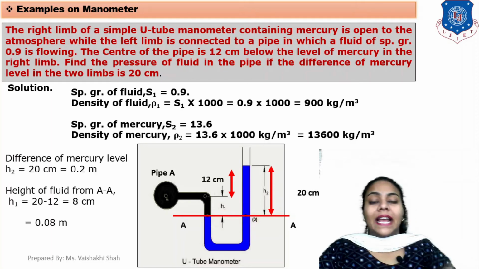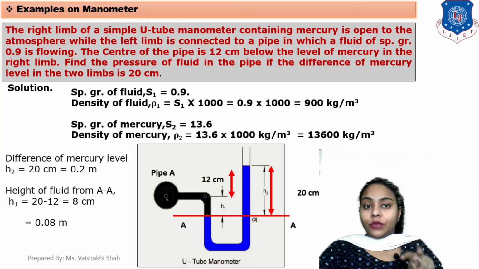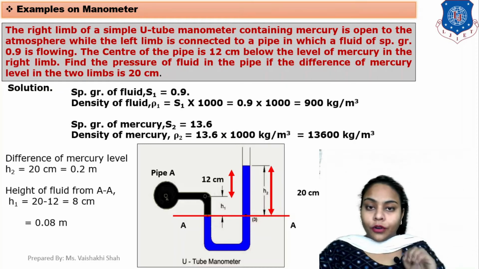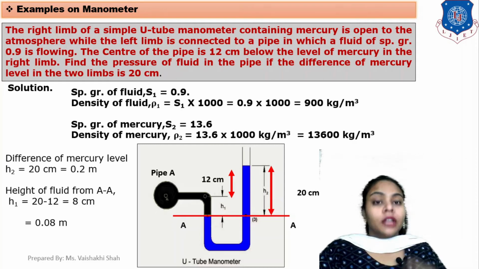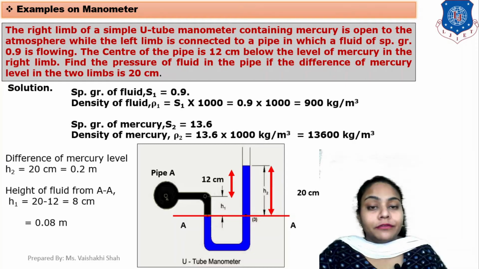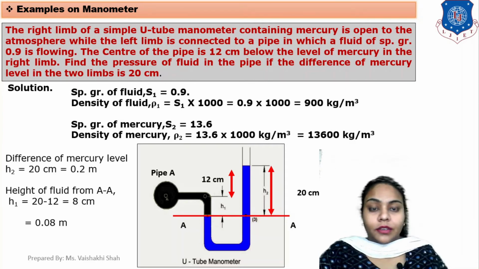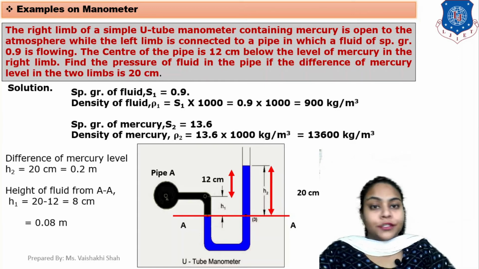As per your diagram, the difference of mercury level in the two limbs is H2, which is 20 centimeter, given to you. The first thing in this example is that you have to draw the diagram first. Very firstly, draw the diagram, then you can solve the example. So H2 is 20 centimeter, which is 0.2 meter.